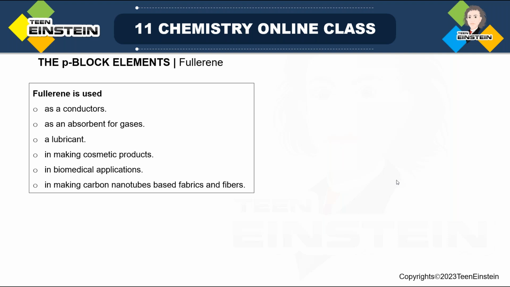Once we have finished all the allotropes, next we will start some important compounds of carbon and silicon. Under important compounds of carbon, we have two compounds: one is carbon monoxide and another one is carbon dioxide. So in today's class, we will discuss the rest of the allotropes, carbon monoxide, carbon dioxide and related problems.